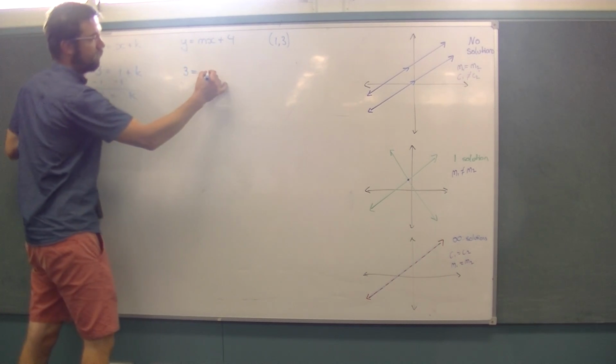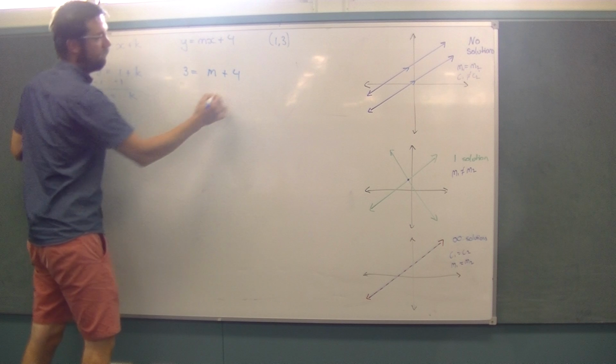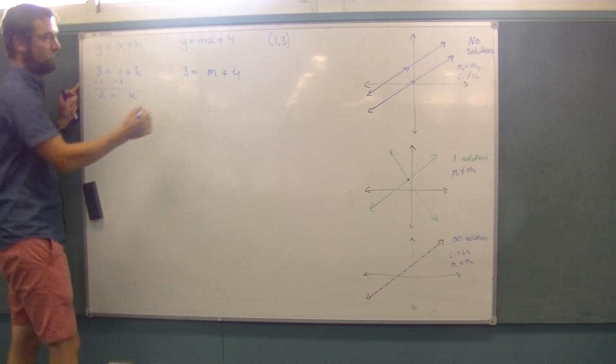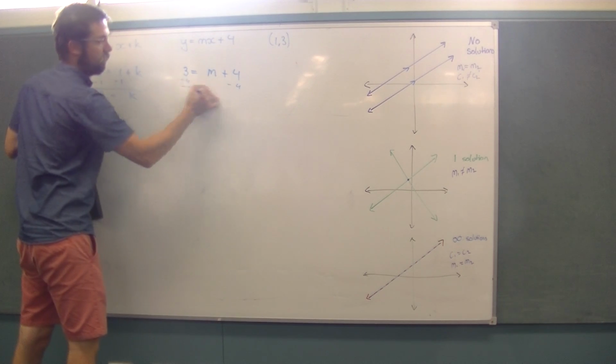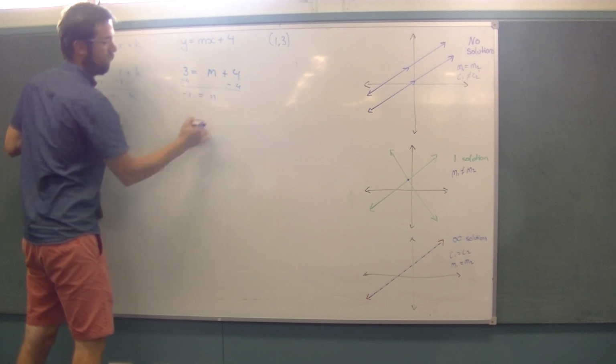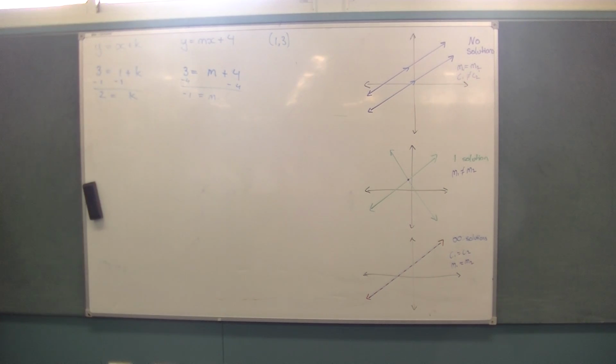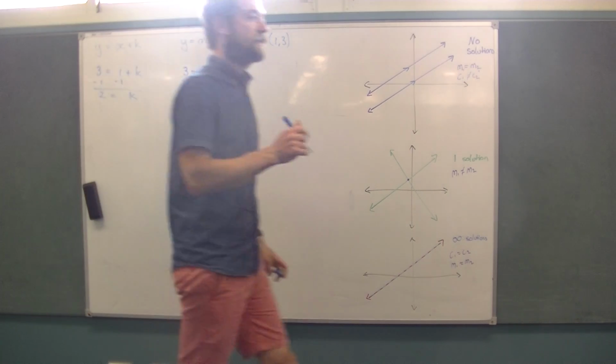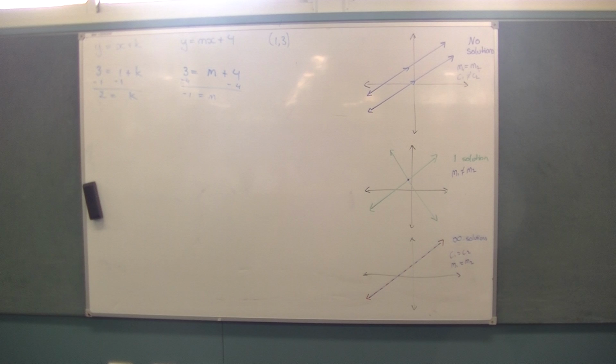Same thing? Yeah. Then you need to move 4. So you take 4 from it. So it's negative 1. Yeah? Alright, so the knowledge we're dealing with here is that if you know a point that the line goes through, you can find the unknown from the equation.